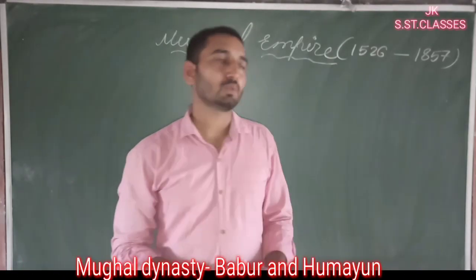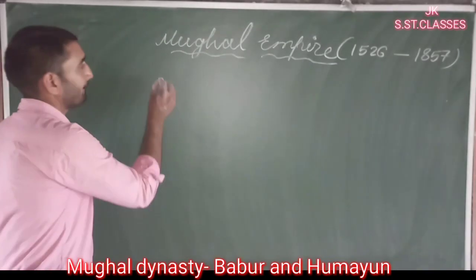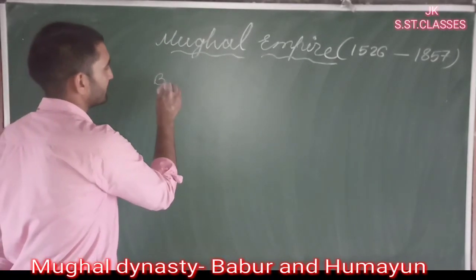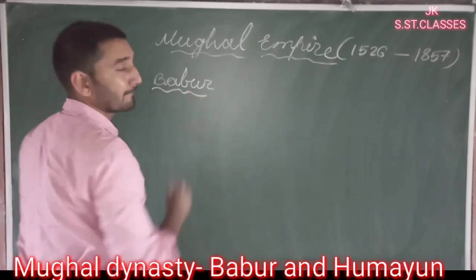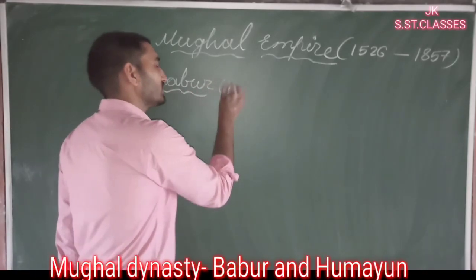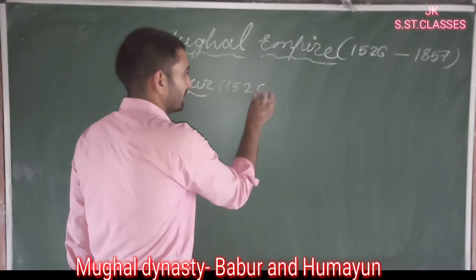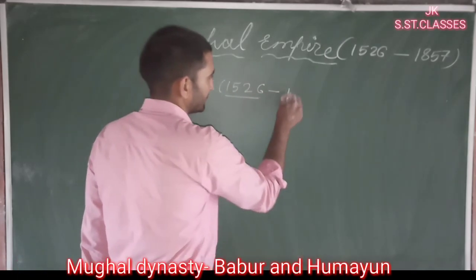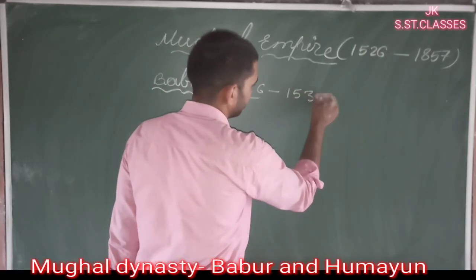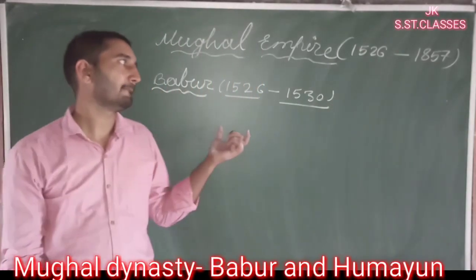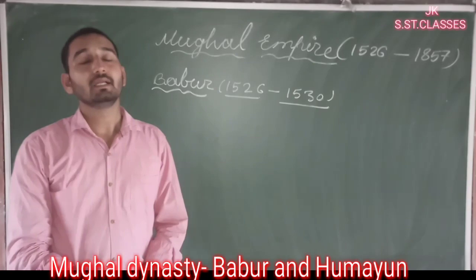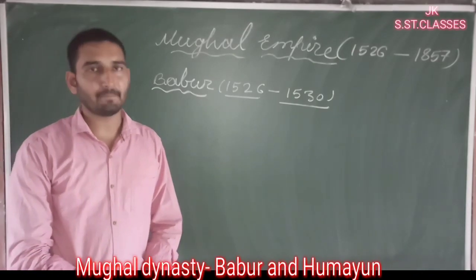Okay guys, so the first topic is Babur. We talk about the rule of Babur in India, that he ruled from 1526 to 1530. Now the most important things related with the history of Babur.